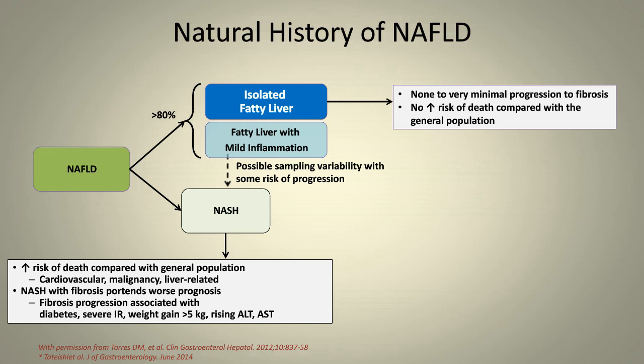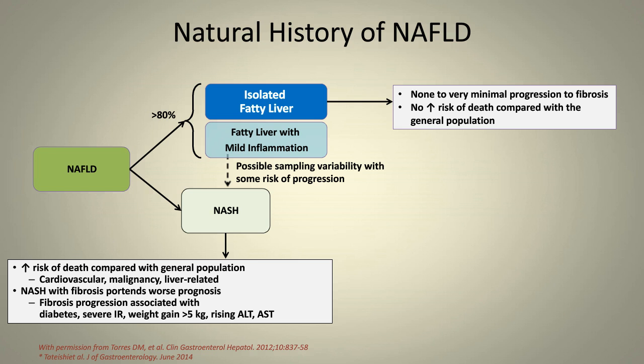So we often will miss ballooning, but we'll see lots of inflammation and hepatocellular unrest, and we think those are probably NASH patients. We just didn't get enough tissue to find the balloon cell.